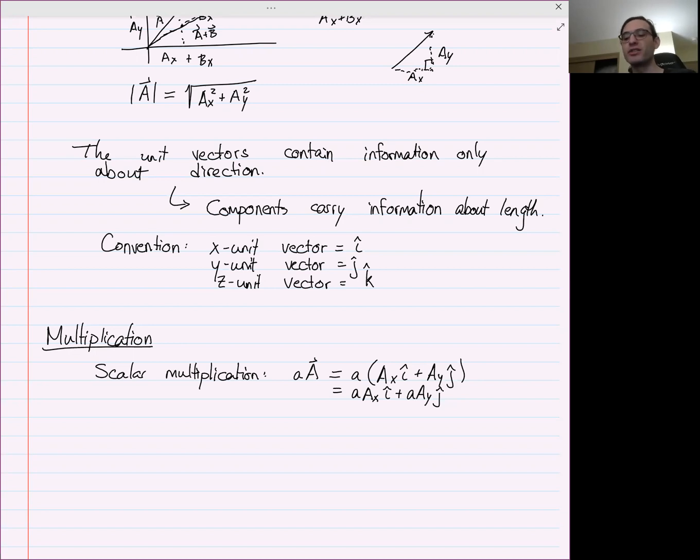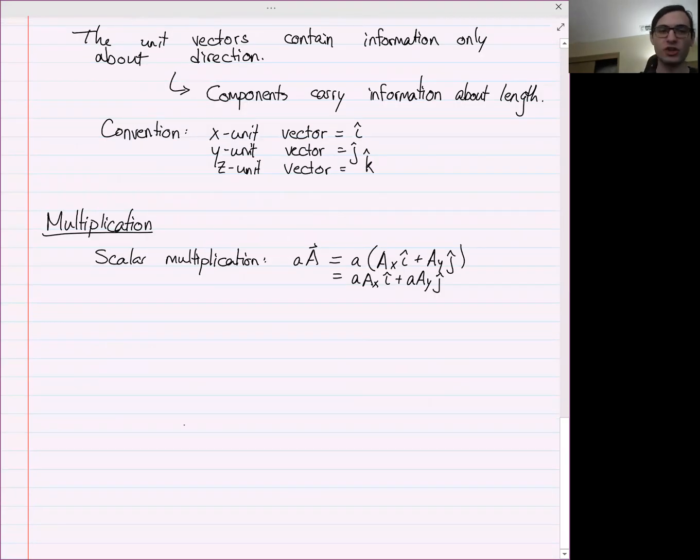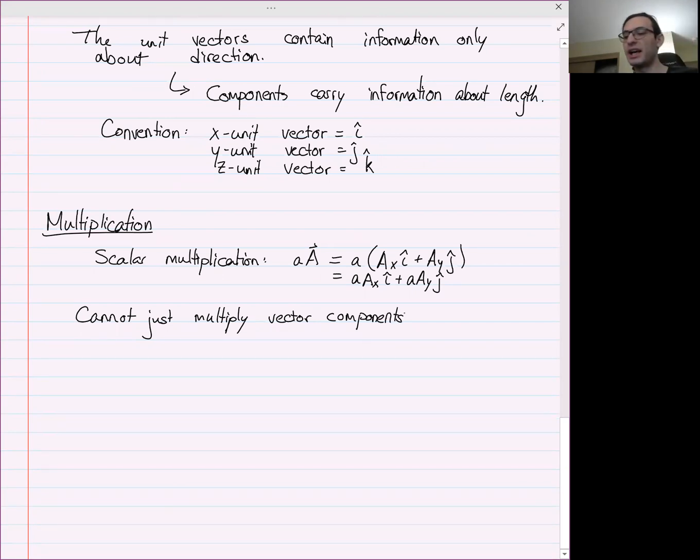Now, there are other ways to multiply. You could, for example, try to come up with a way to multiply two vectors. Unfortunately, you cannot just multiply vector components. The way that we do multiplication has a well-defined, rigorous definition, and so it shouldn't matter what choice of coordinates you're using.